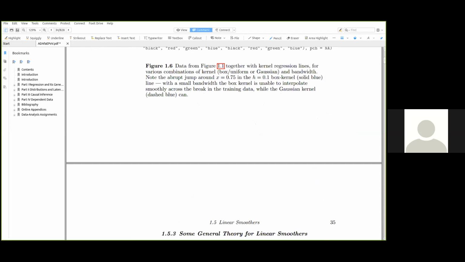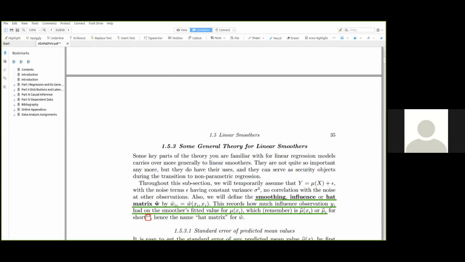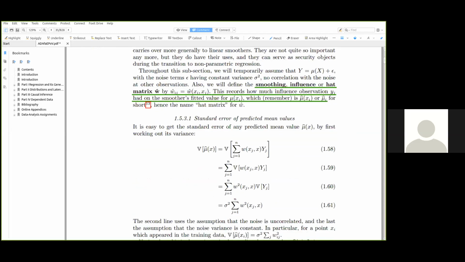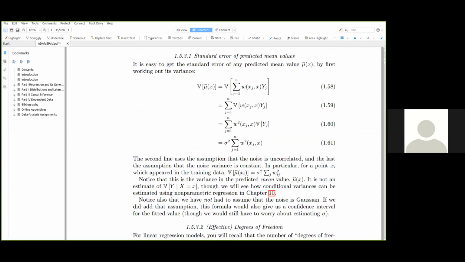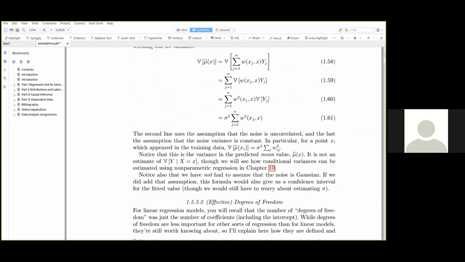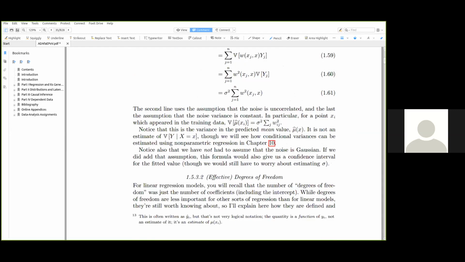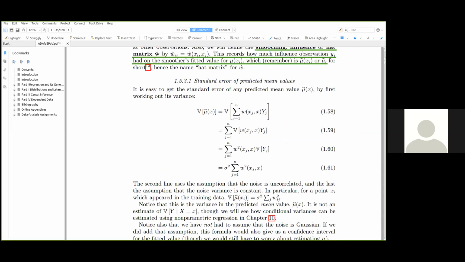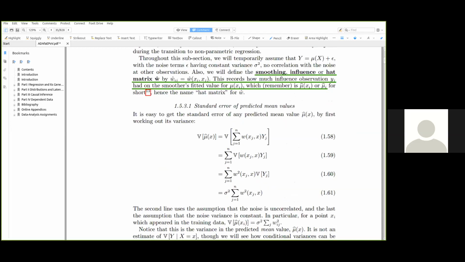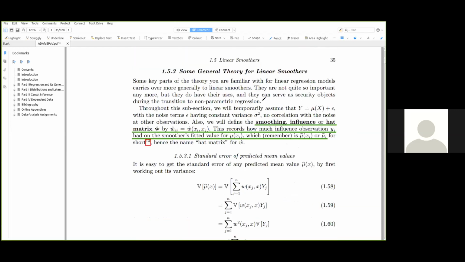Okay, so 1.5.3 onwards, did you guys read 1.5.3? I haven't read through 1.5. Okay, so 1.5 is not that important.